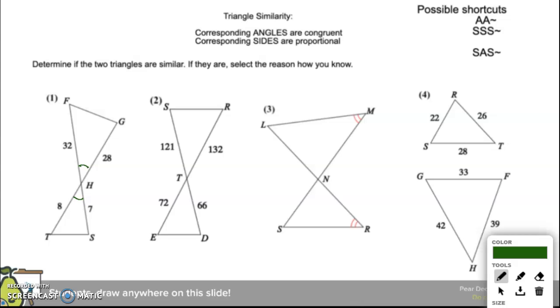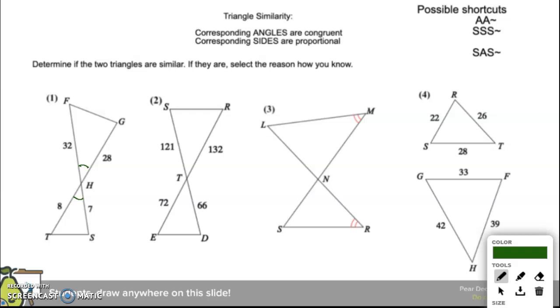Okay, so then if that is the case, we know the angles check out, so we need to check the two sides. All right, so this 32 and 28, which is the longer side of 8 and 7?